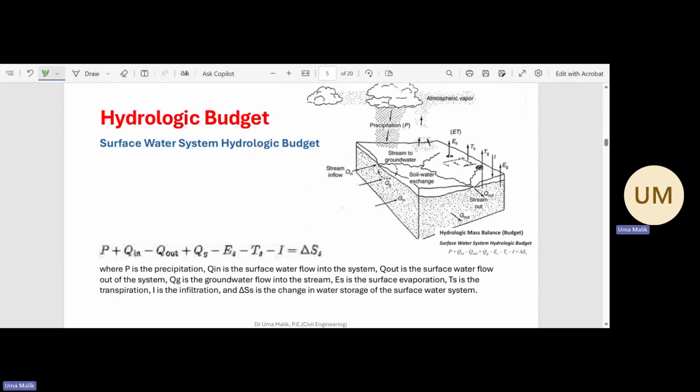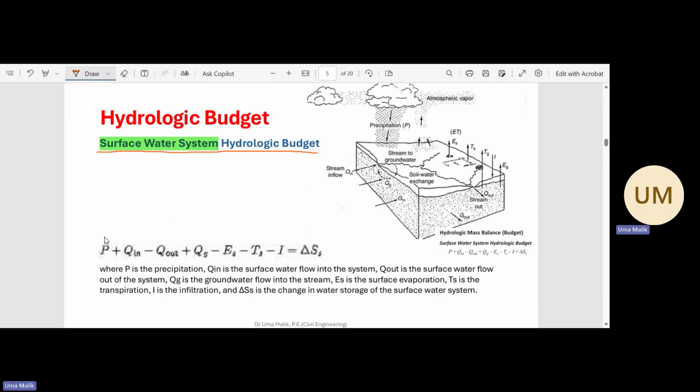Now the surface water system hydrologic budget equation. First is the water budget equation just for the surface water system, meaning the water which is on the ground. Whatever water is on the ground, we will quantify that.